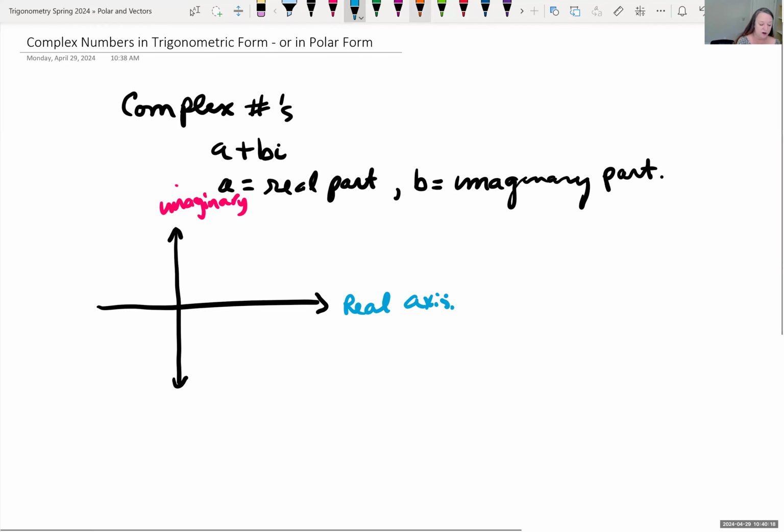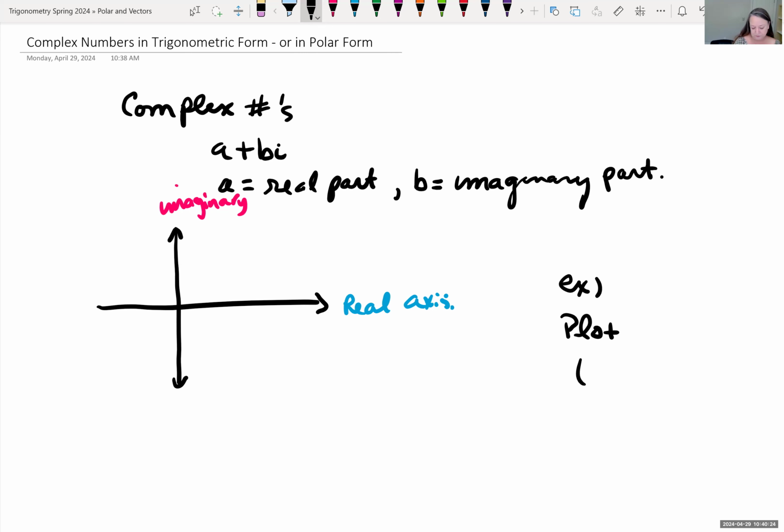So if you were, for example, asked to plot, how about 2 minus 4i? If I was to plot 2 minus 4i, I would go over in the positive direction in the real 2, and then I would go down 4 units. And I would get a point right in here.